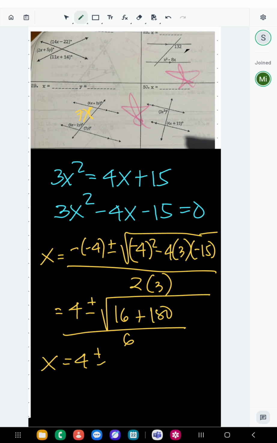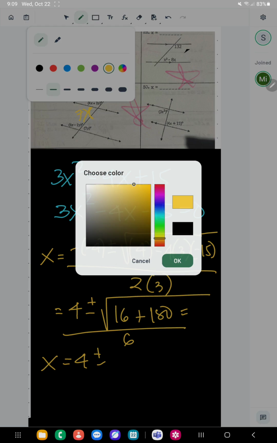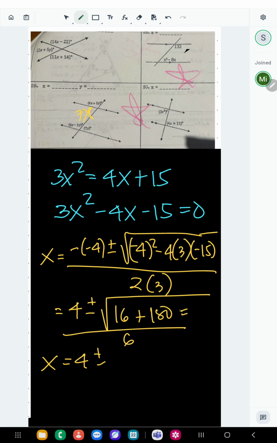Is 196 a perfect square? The square root of 196 is 14, so this is 4 plus or minus 14 over 6. 4, 14, and 6 are all divisible by 2, right? We can divide by 2 and reduce them.